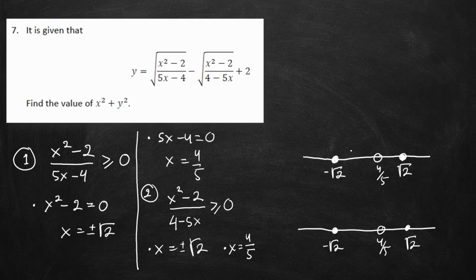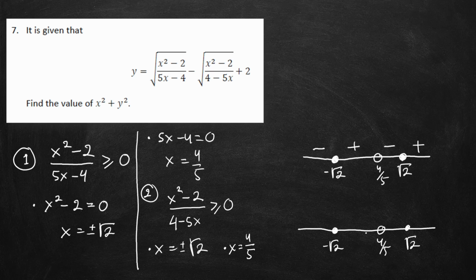So it means that the value in this area, where I choose my value of x, which is 0, will be positive. The values of the other areas will alternate. If this one is positive, then the neighboring area will be negative, and then the other one will be positive. So it is always alternating.